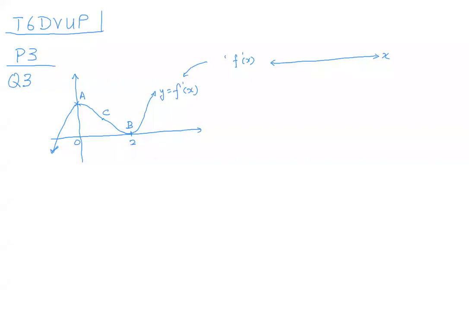So if this is the f prime x graph, how do I read point B? This is your x, and this is the value of your f prime x. That means this point is telling you that f prime 2 equals 0. So what number should I put? -1 and 2.